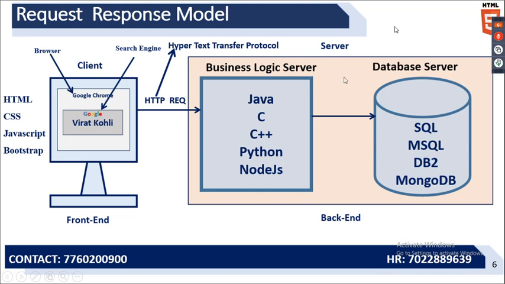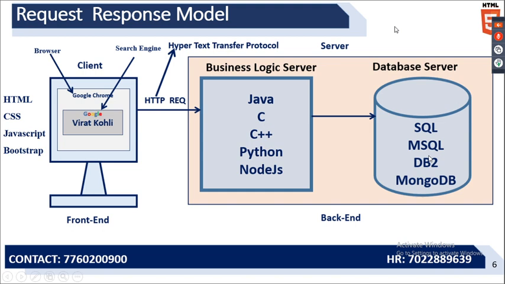Now the business logic server will tell the database server, boss, I have sent you some keyword. Fetch, which means get, all the data related to Virat Kohli. Fetch all the websites which have the keyword Virat Kohli.